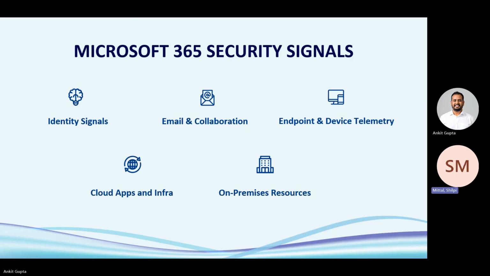Email and collaboration. Email remains the first entry point for attackers. Microsoft Defender for Office 365 continuously scans incoming emails for phishing and malware. It also detonates links and attachments in a sandbox. These tools generate signals like phishing email detected or user clicked malicious link. Given the huge amount of Office 365 traffic, this is a rich signal source.